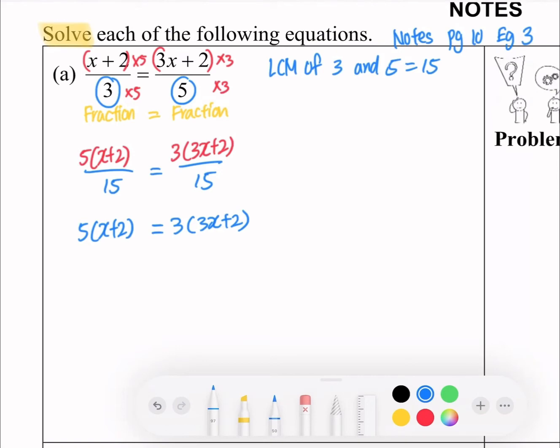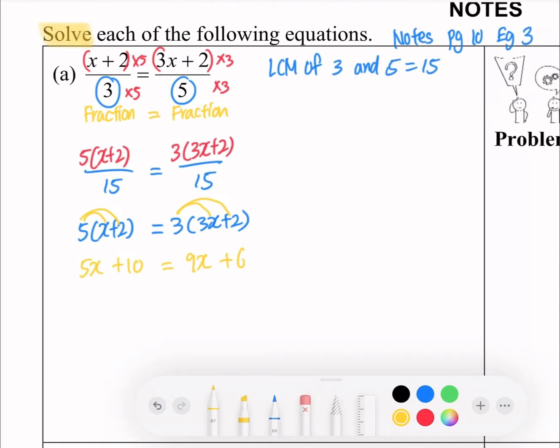After this, you are going to expand the left hand side and the right hand side by using the rainbow. So 5 times x, you have 5x, 5 times 2 plus 10, equals 3 times 3x, 9x, 3 times 2 plus 6.